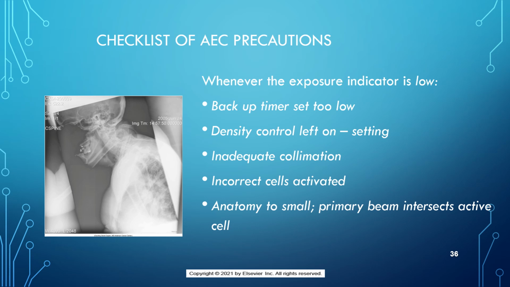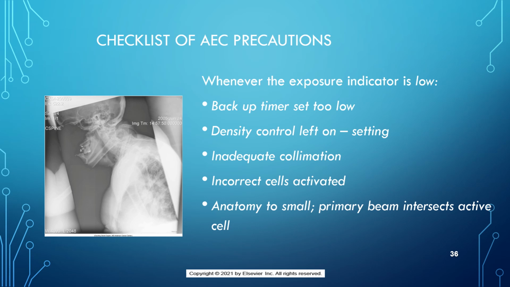Your density control is left on the minus setting. Again, check that. In the digital age, the density controls don't really make much sense. They were for adjusting the brightness, and exposure time was proportional to the overall darkening of the film.